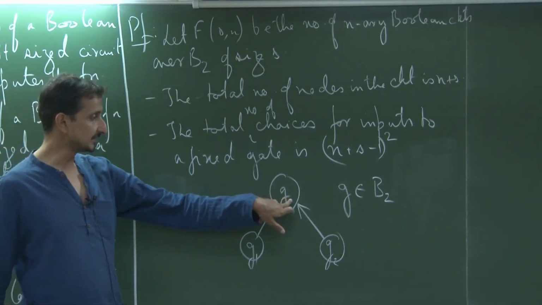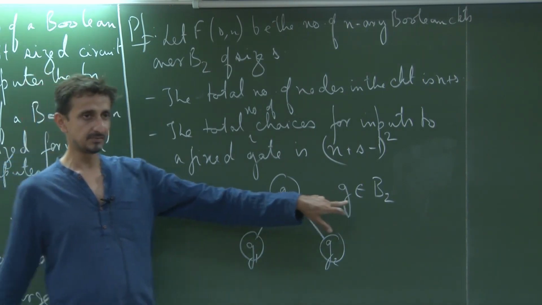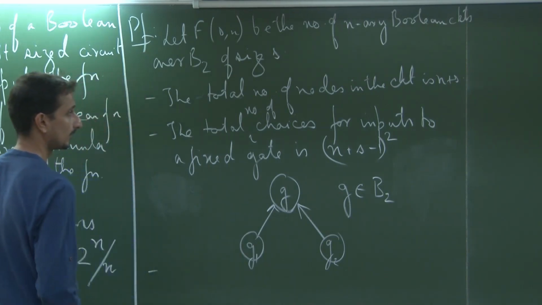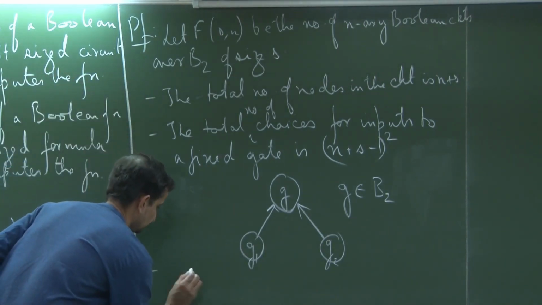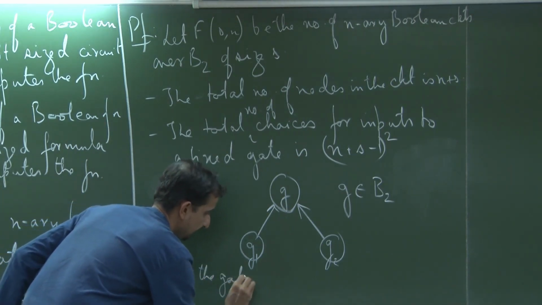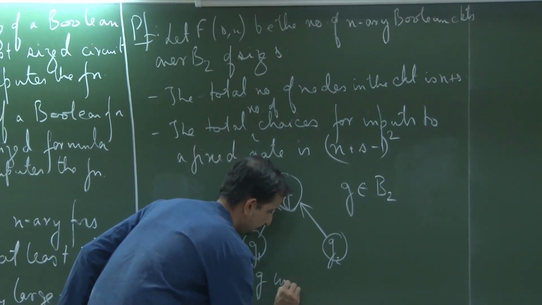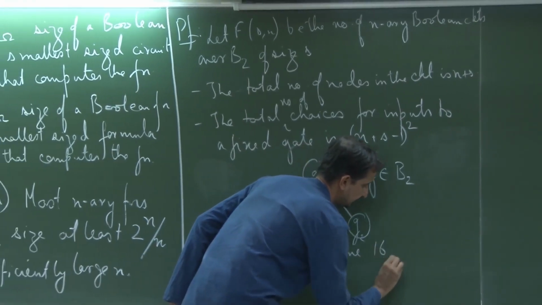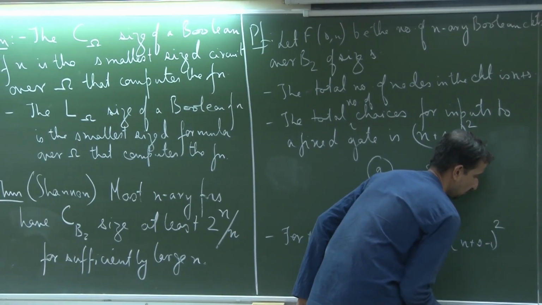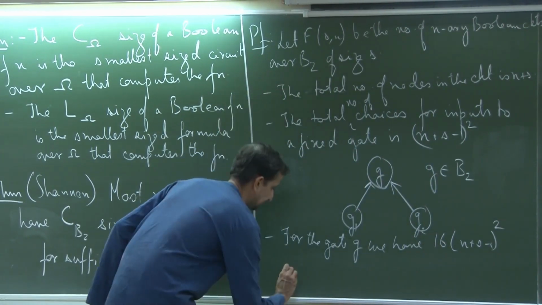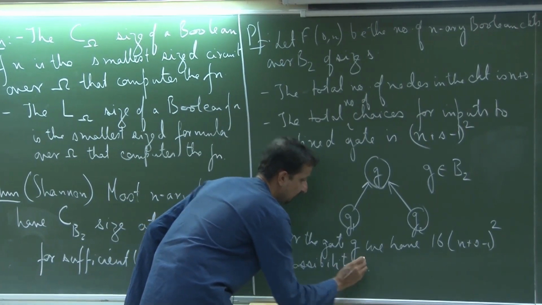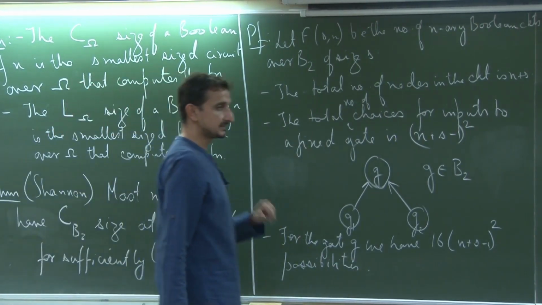Now, how many choices are there for G itself? 16, because B2 has 16 elements. So, for the gate G, we have 16 times n plus s minus 1 whole square possibilities. This is for a single gate.